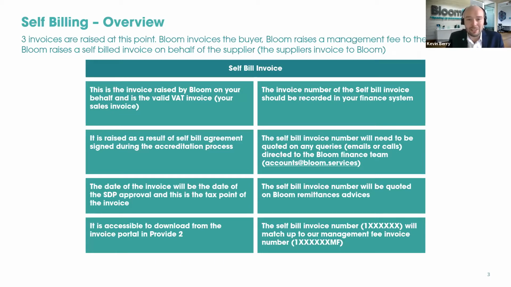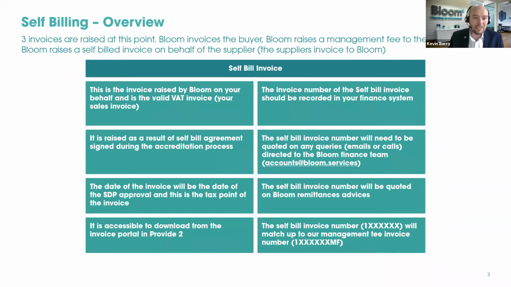And very similarly, you can see a theme emerging here. There is a link between that reference and the management fee invoice we issue to yourselves as well. That effectively is the self-billed invoice reference, usually with an MF reference on the end to denote that it is a management fee invoice from us to yourself. And they are two separate transactions. And that reference really does feed all the way through those processes, and is quite key to being able to tie things together further down.